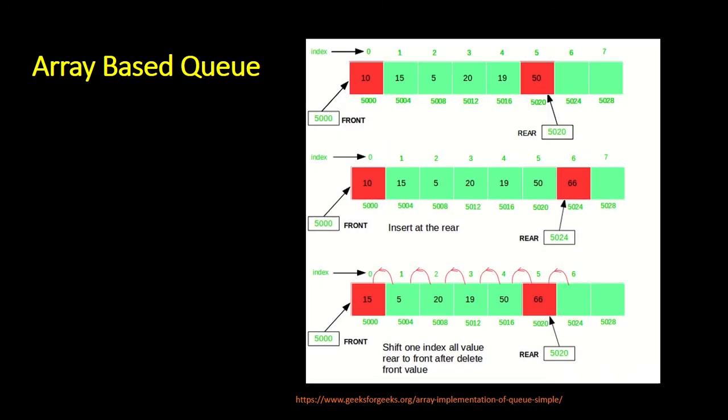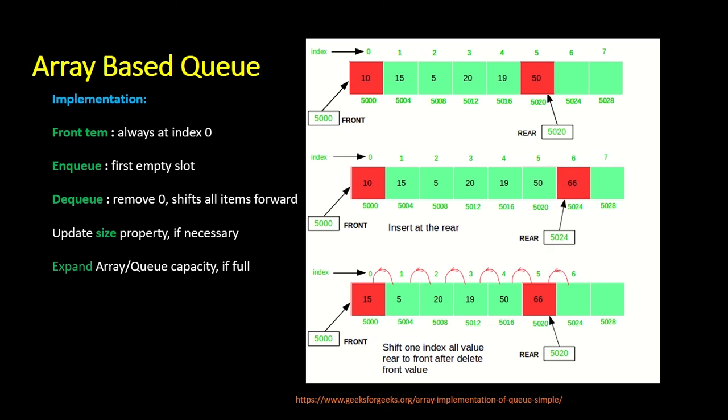Alright, so for the array-based queue, we have an example right here. In its implementation, the front item should be at index 0. So in our first queue right here, the red one, which is the element 10, this is the front item.